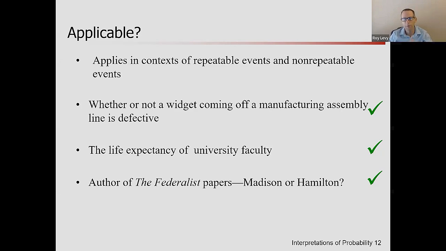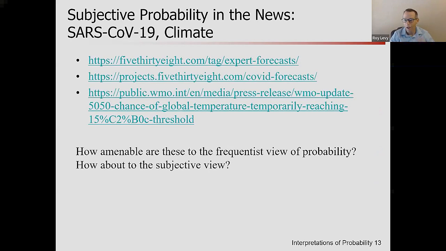Things that have pretty reasonably well-defined, repeatable events for which there is a long-run stabilized relative frequency, as well as situations where that doesn't occur and we just have one-off or one-time events. What I would submit to you is that this is the way that we often use probability in everyday life.